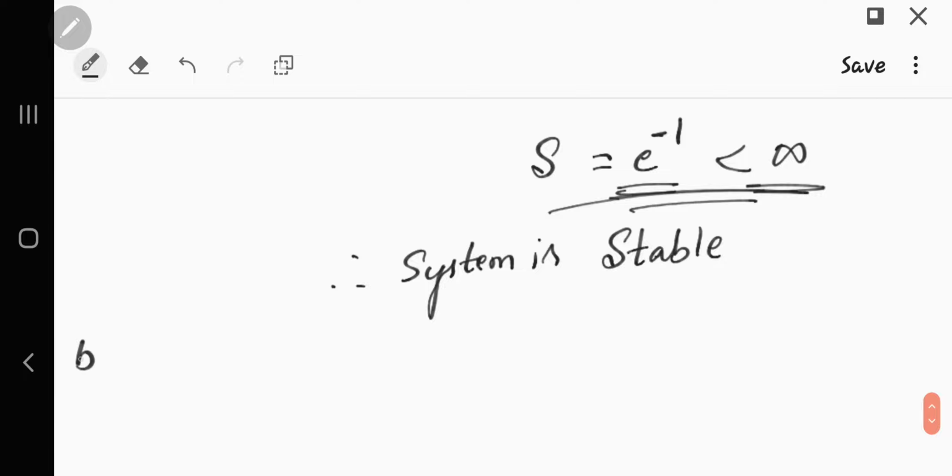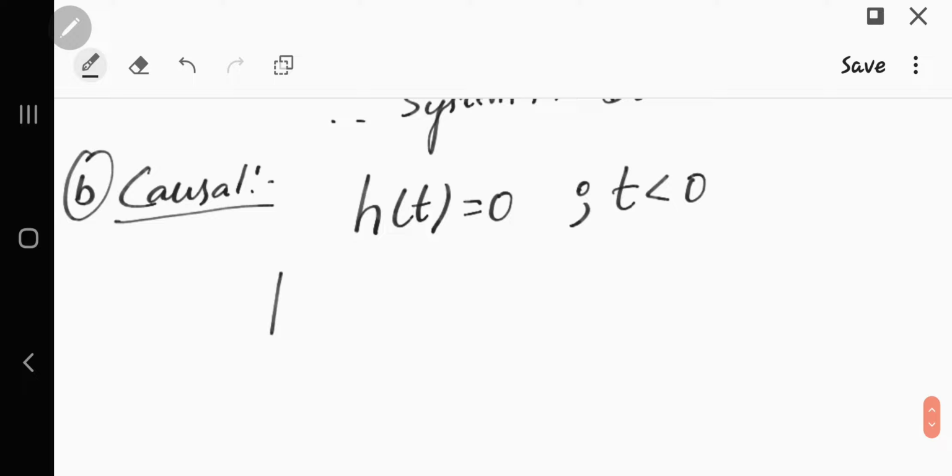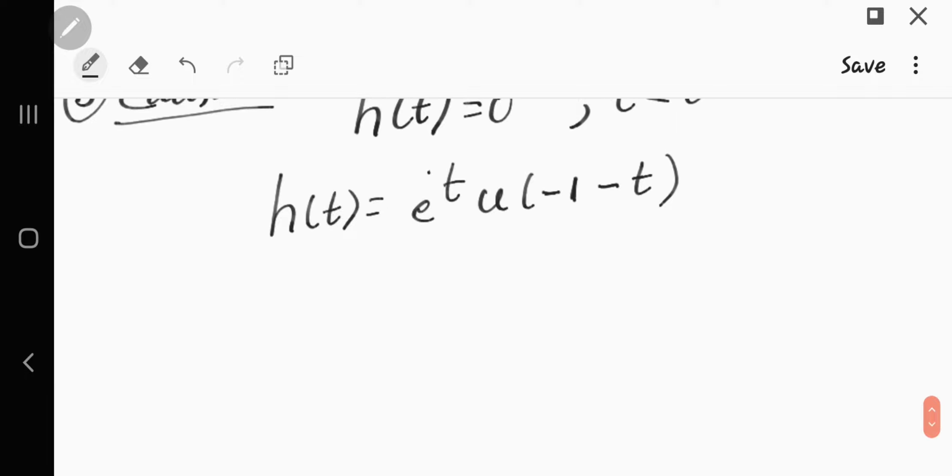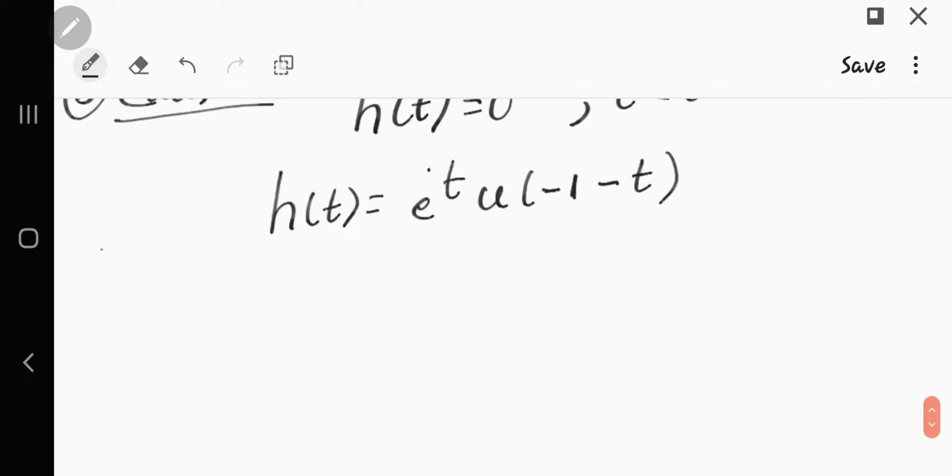Okay. Next one is causality. The condition for a continuous time system to be causal is that h of t must be 0 for t less than 0. What is the impulse response given? It is e to the power of t u of (minus 1 minus t). Let's apply some negative values.